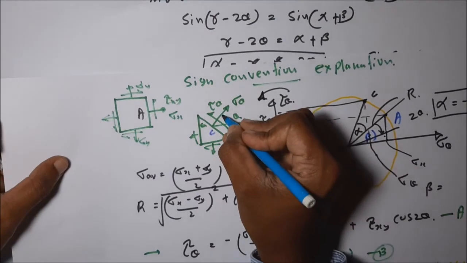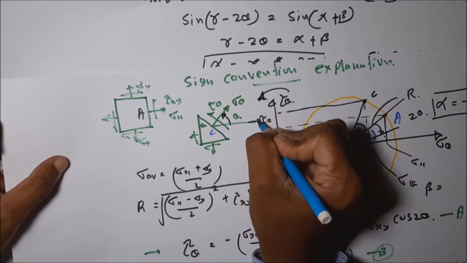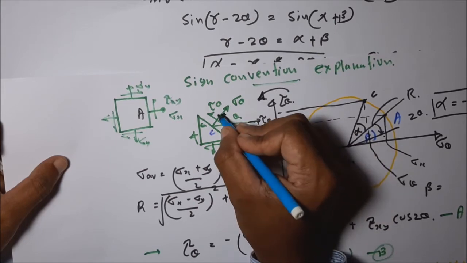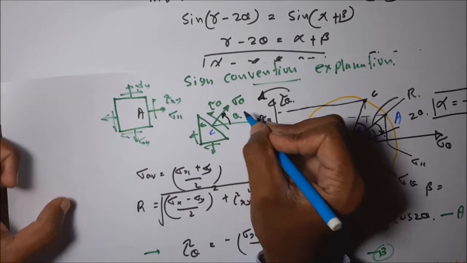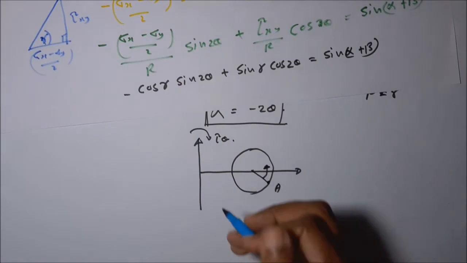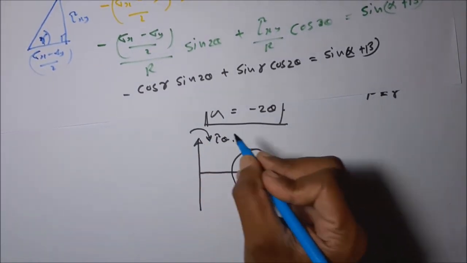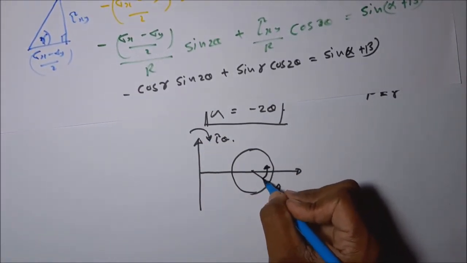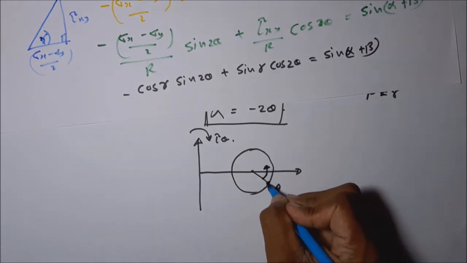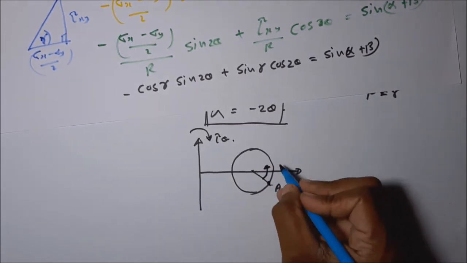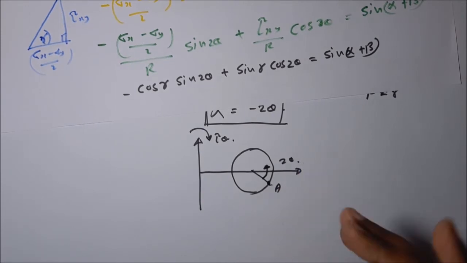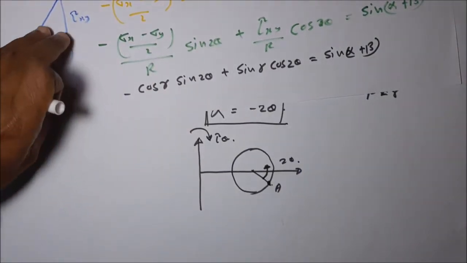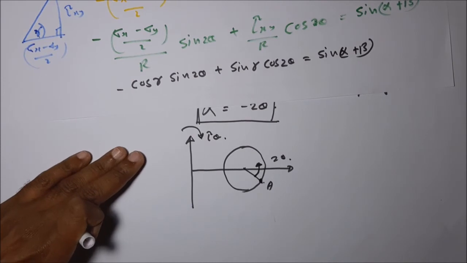What is the sign convention for angle measurement? From the positive x direction, anti-clockwise angles are positive. If we take clockwise shearing stress as positive, we measure the angle anti-clockwise from the reference plane, and the angle is doubled.